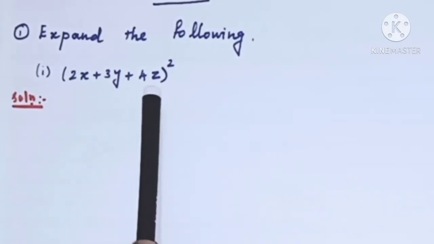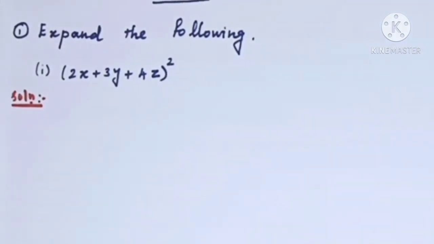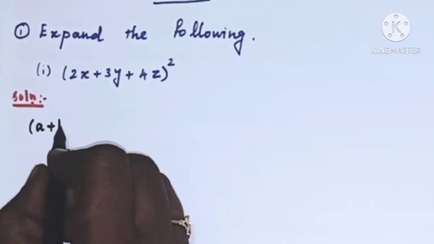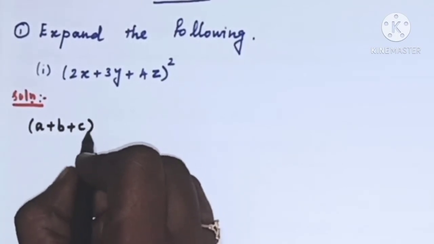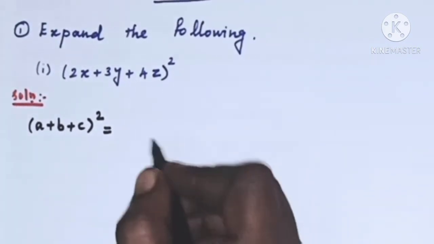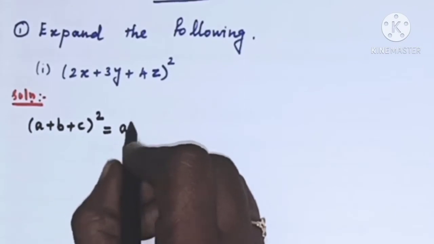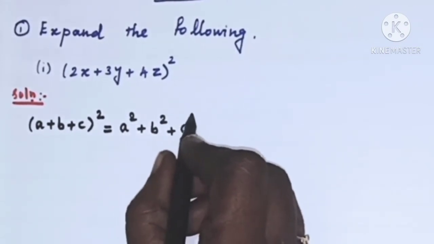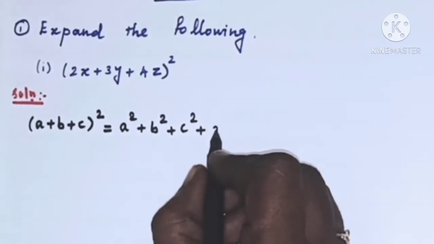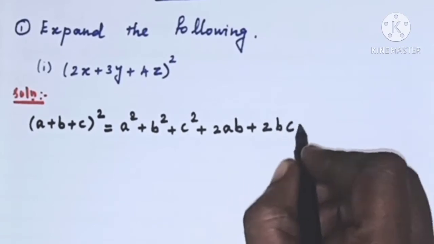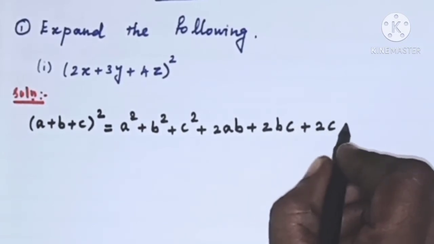This expression is same as the identity that we have, (a plus b plus c) the whole square is equal to, the identity is a square plus b square plus c square plus 2ab plus 2bc plus 2ca.